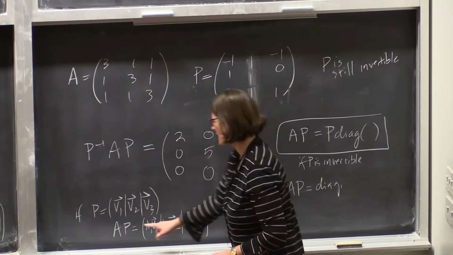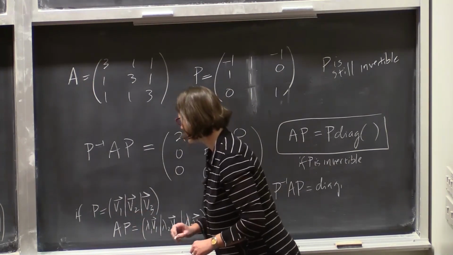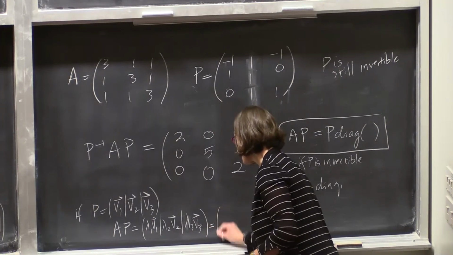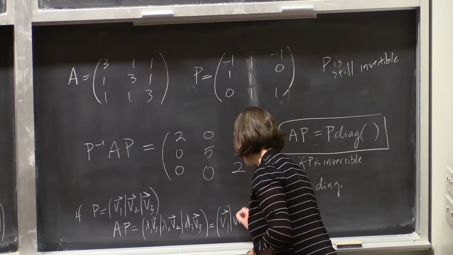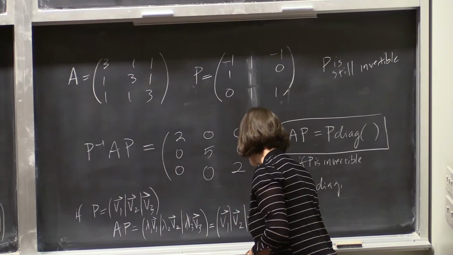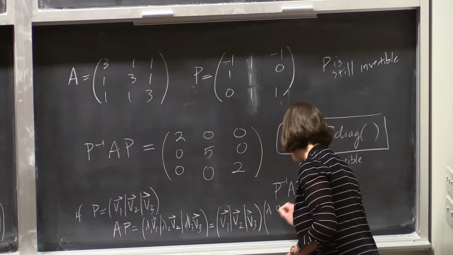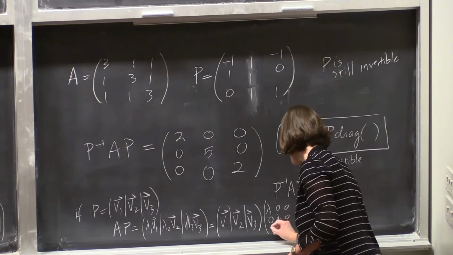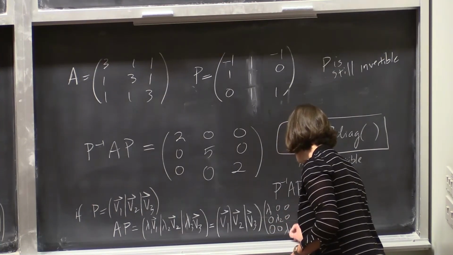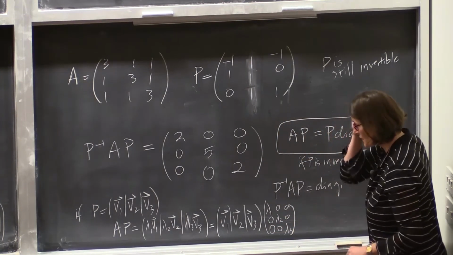That uses the fact that these columns are eigenvectors. And this is the same thing as V1, V2, V3 times lambda 1, 0, 0, 0, lambda 2, 0, 0, 0, lambda 3. That's by how matrix multiplication works.